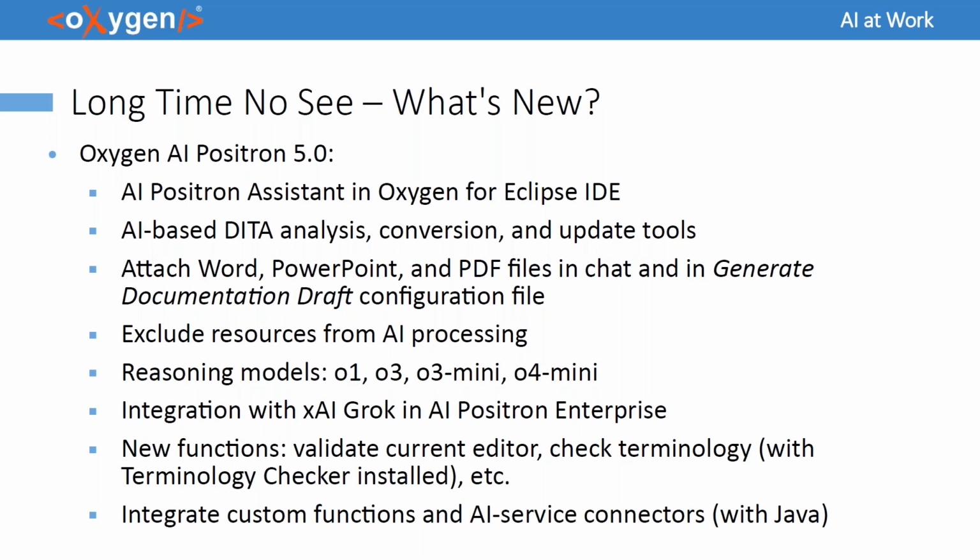For those of you using the OpenAI connector in the enterprise distribution, or for those of you using our Positron service, you can now use the reasoning models from OpenAI. In the enterprise distribution, you can also integrate with XAI Grok if you want to. Again, we added some new functions, for example, for validating the current editor or for checking the terminology, but only if you have the terminology checker add-on installed.